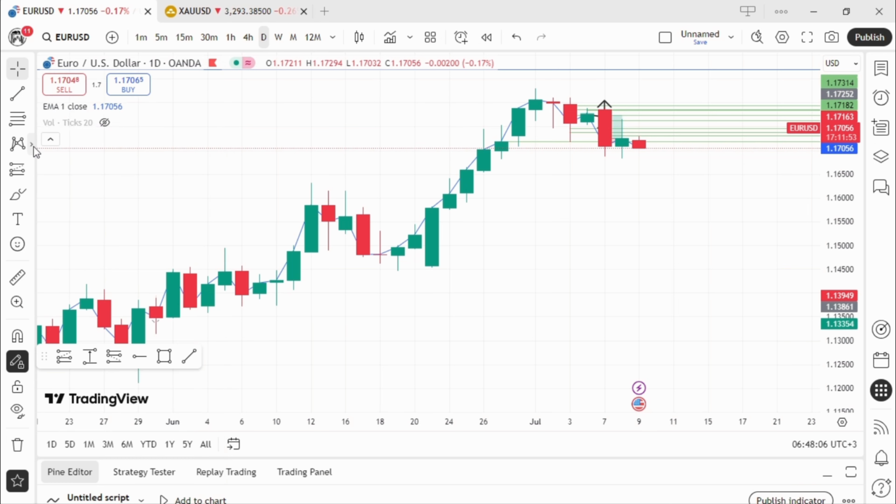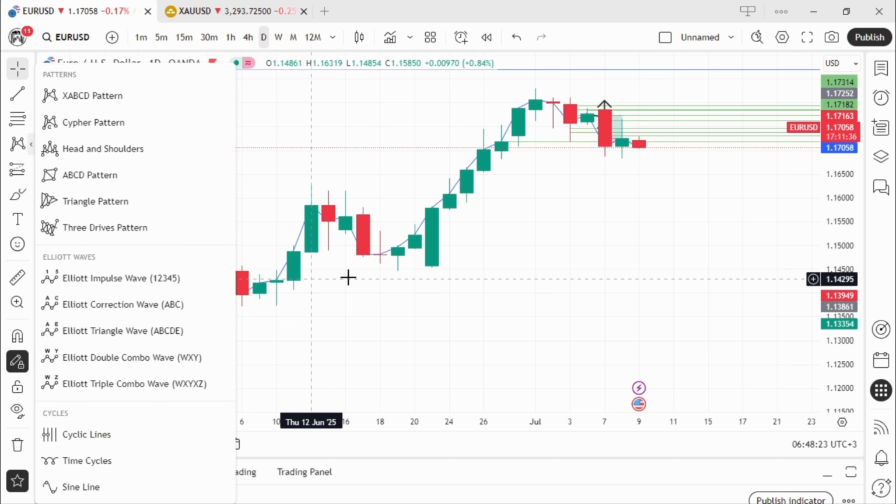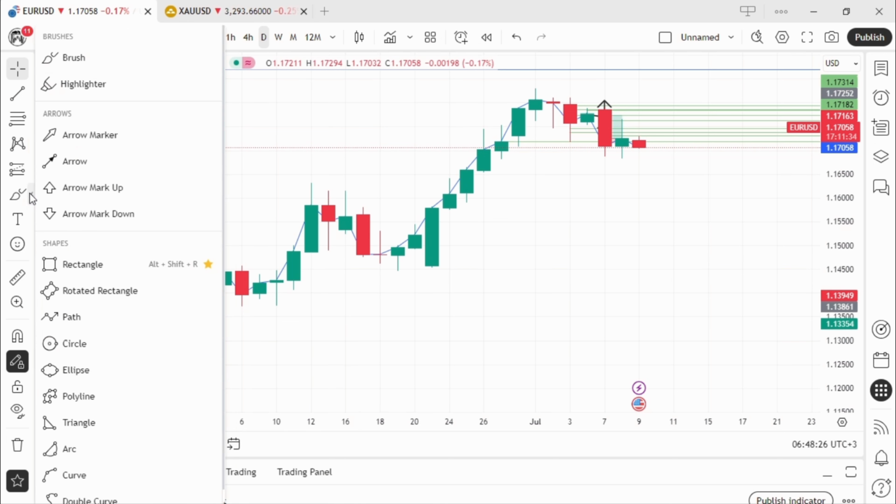We have patterns, for those that trade patterns. We have patterns like triangle pattern, the ABCD, and then the head and shoulders, XABCD pattern. So if you know these patterns, the Elliott waves, they're all here for you to use. TradingView has them for you. And then we have brushes, highlighters, arrows.